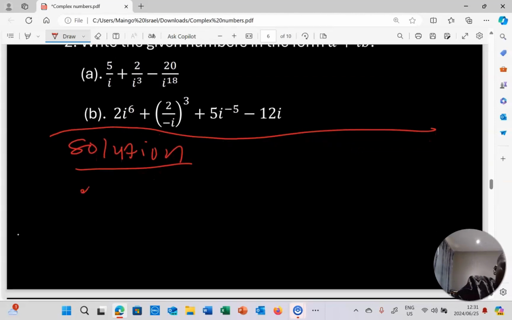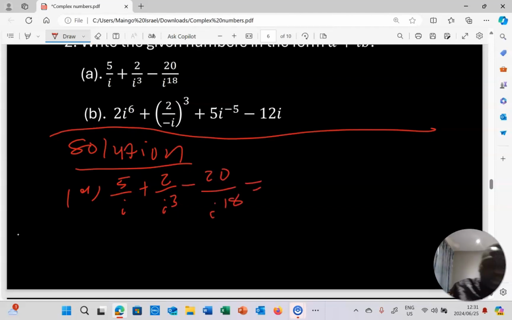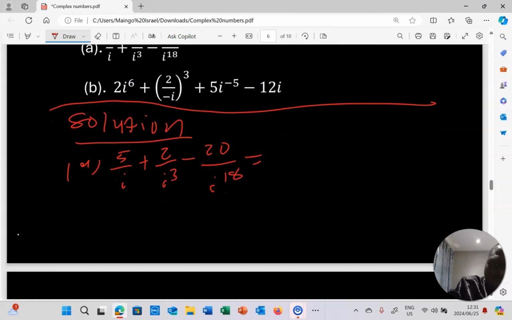So we know that A is just 5 over I plus 2 over I cubed minus 20 over I to the power 18. Then we can multiply by I, which will be I here.